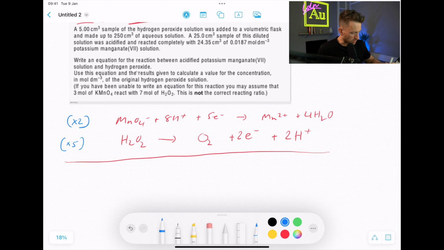So if I just jump straight to the answer, we have 2MnO4⁻ + 16H⁺ + 10e⁻ + 5H2O2.